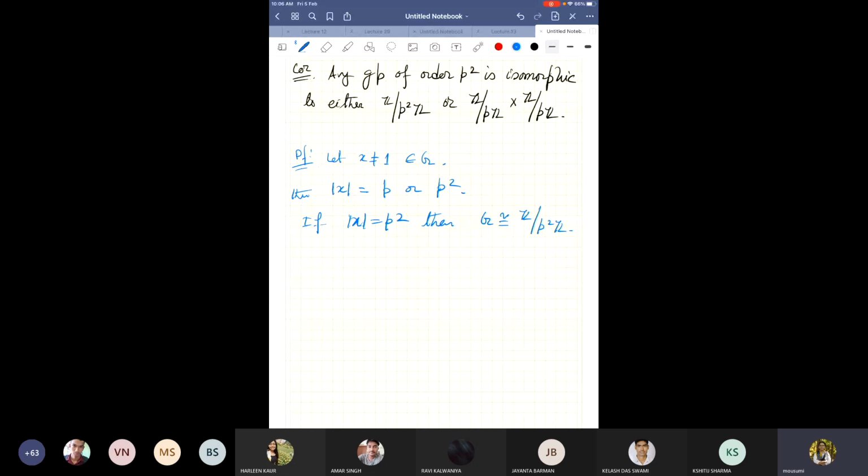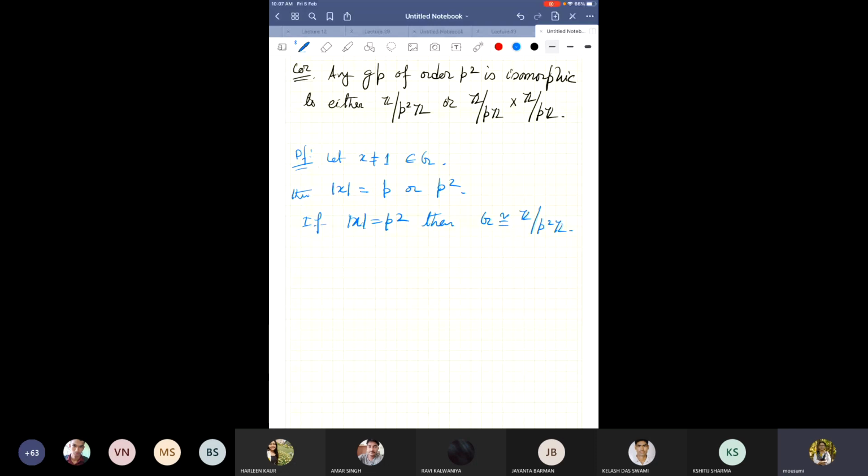That means the group G is generated by X. That means G is nothing but the cyclic group of order P square. Fine? This statement is clear? So if there exists one element of order P square, then this group will be isomorphic with this one. We don't have to do anything.